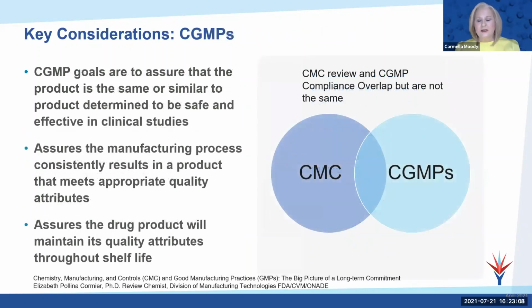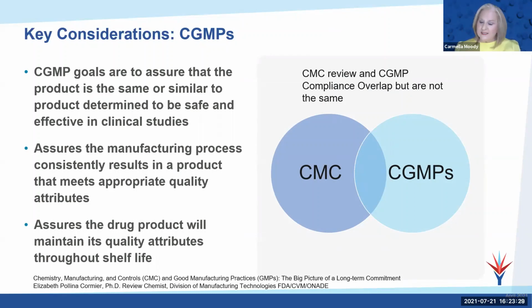Okay, and so again, you hear all the time about CGMPs. What that is, is current good manufacturing practices. Those are the goals that are necessary to ensure the drug product is the quality it needs to be.